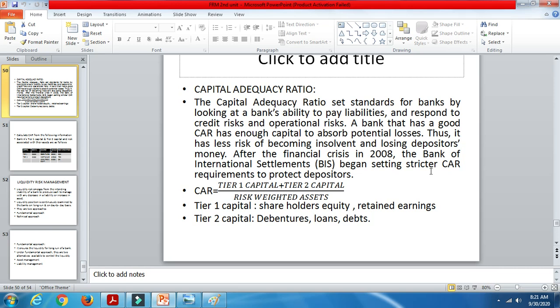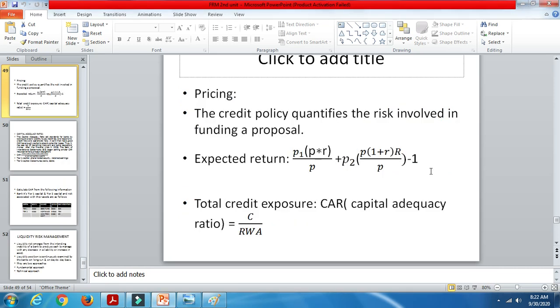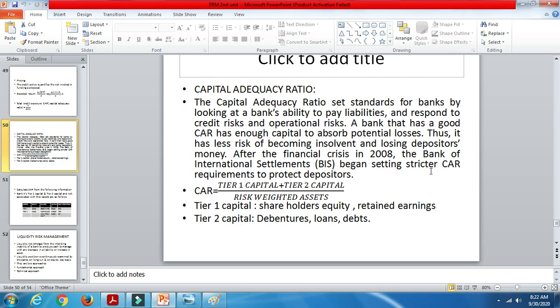Debentures are a long term loan from an outside party, which could be a bank or a customer. So tier 1 capital plus tier 2 capital is divided by risk weighted assets. How much risk is there, that percentage also will be there with the capital adequacy ratio.